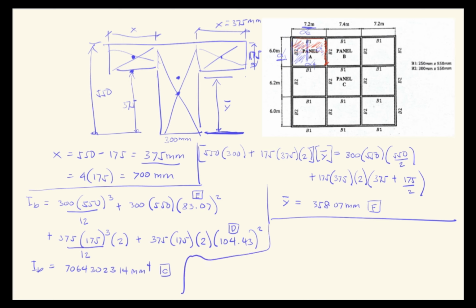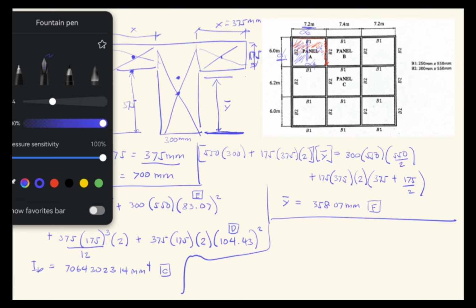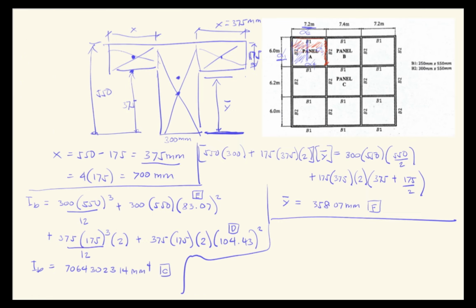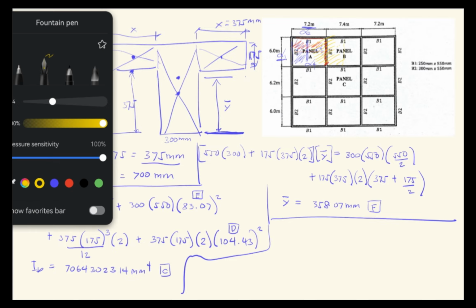Now, similarly, the moment of inertia of the slab would be this portion. We are to consider this slab if we are to determine alpha 3.